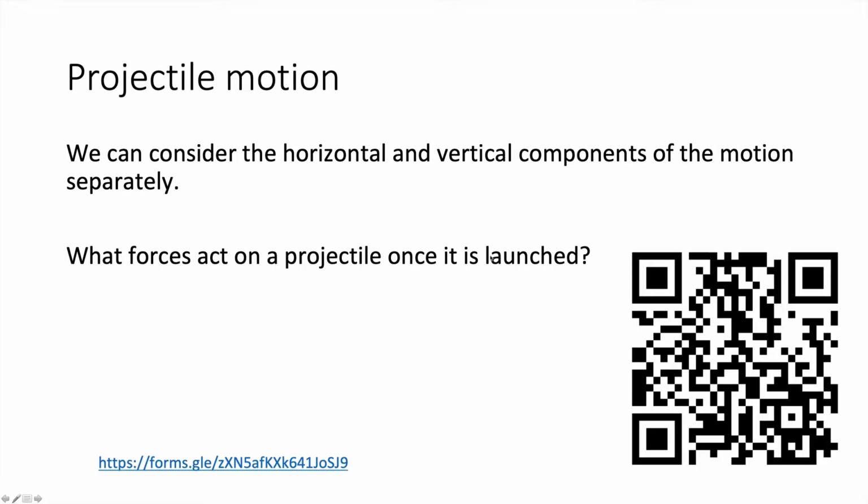Well, once a projectile's launched, the only force acting on it is the gravitational force. This is of course assuming that air resistance is negligible, which it may or may not be, but when we're solving problems at this level, we generally assume that it's negligible. So the gravitational force is the only force which is acting on that object, and it's acting vertically downwards.